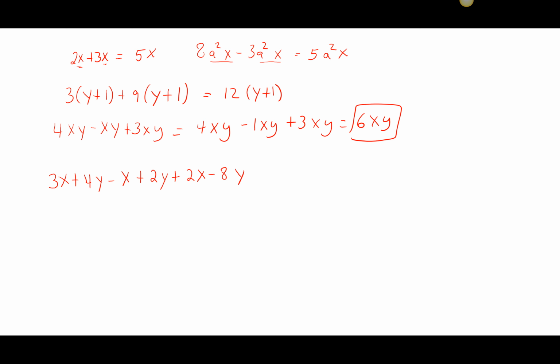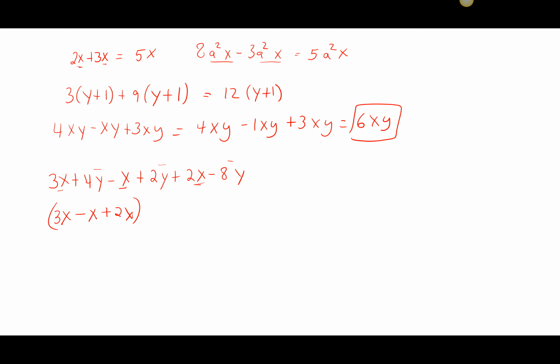You need to go through here and group your like terms. So we've got 3x here, we've got x, and we've got 2x. And then we've got y, y, and y. So we need to group those together. So first we have 3x, then we have minus x, and make sure you put those minus and plus signs there with it, okay? Plus 2x, that's all one group.